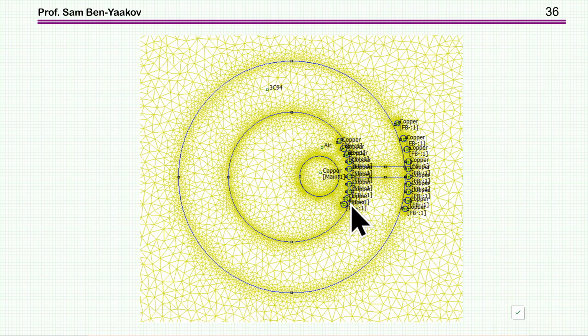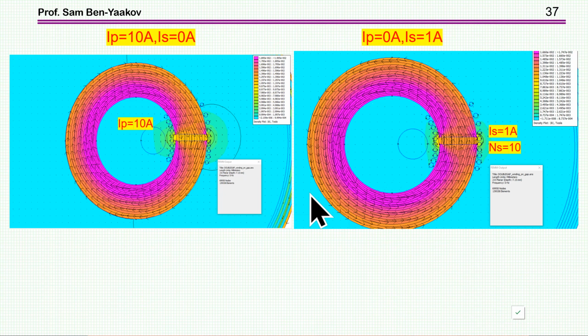We have put the wires across the gap, and the primary wire of the current that we are measuring is close by. And here I'm showing what happens if only we have current in the center wire. Here it is. And then what happens if we have current only in the secondary.